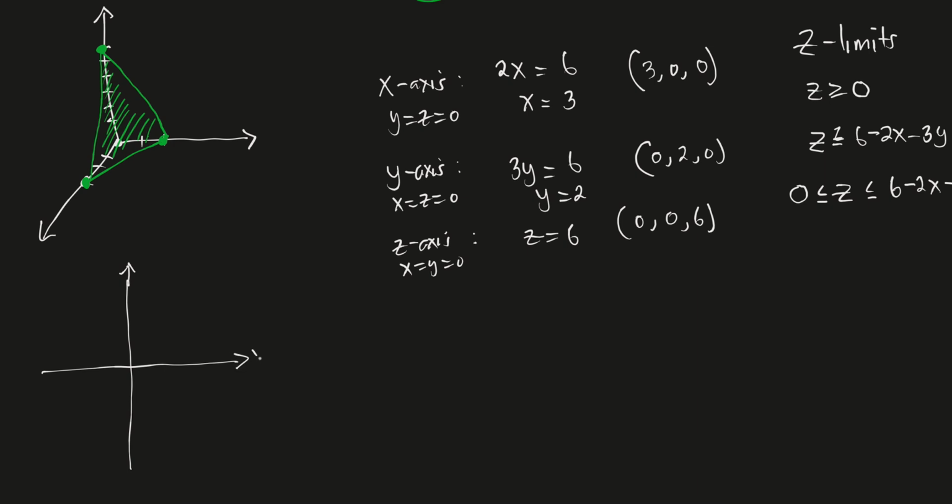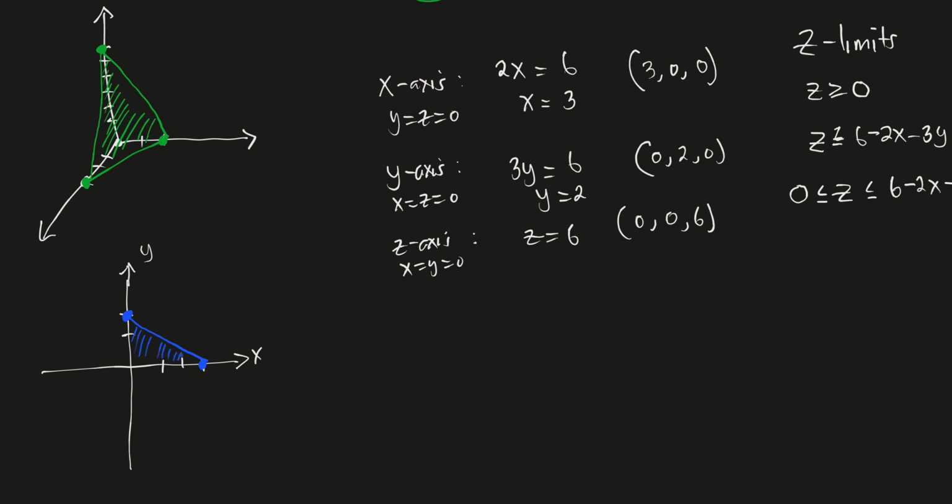But we know the intercepts: it's 3 on the x-axis, right there, and 2 on the y-axis, right there. Let me use a different color now. So it's here to here. So I'm just going to sketch that part. This is the base of our solid, and it will give us the bounds for x and y. I'm not shading because I don't want it to get too messy.